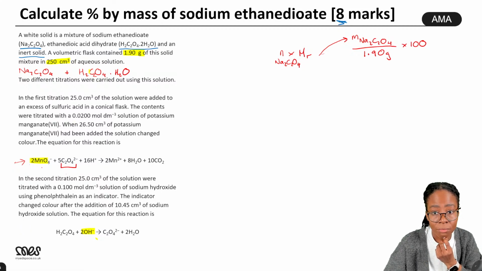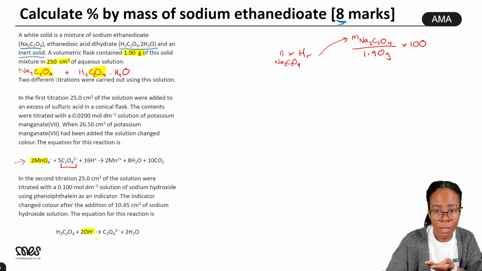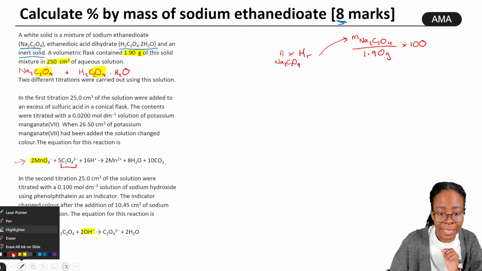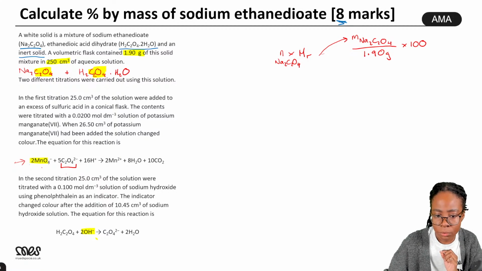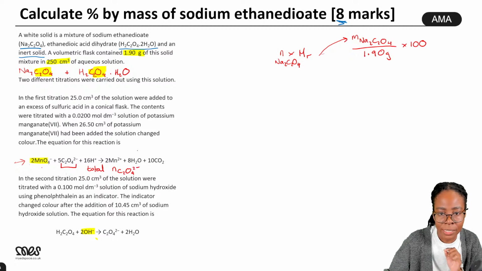Yes, the ethanedioic acid, also the sodium ethanedioate. Both of them have got those ions. So this first titration is going to tell us the total moles of ethanedioate, because there's ethanedioate in both.